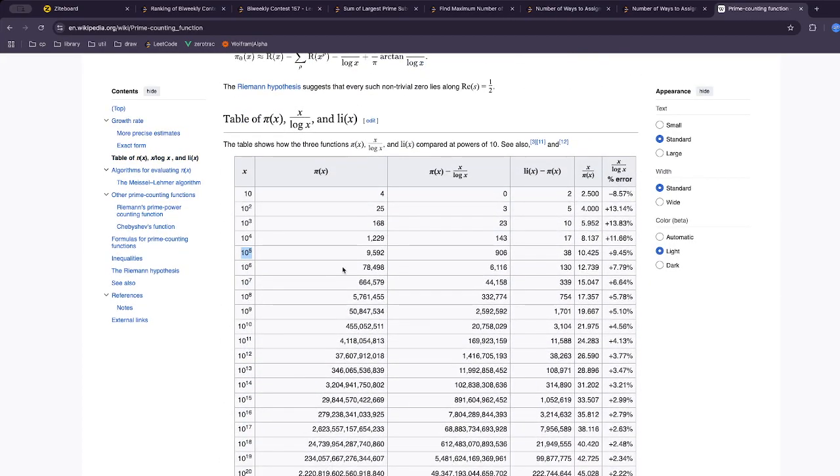And here you have a table with the powers of 10, right? So the number of primes that are less than 10 to the 5, which is what we computed, is about 10 to the 4, right? So that's a 10%, right? And that fits our numbers, right?